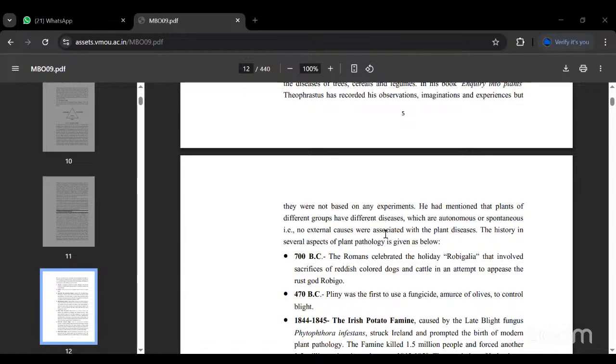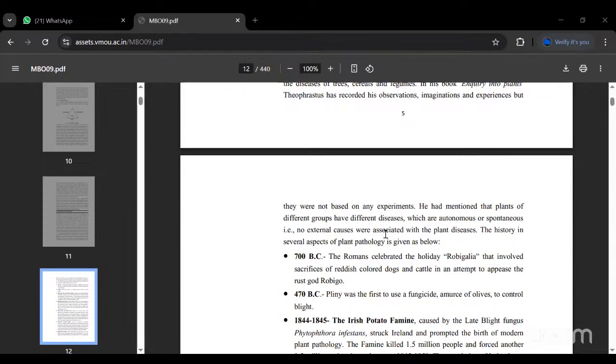That is, no external causes were associated with plant diseases. Different groups have different diseases, which are autonomous or spontaneous. What is the meaning of that?